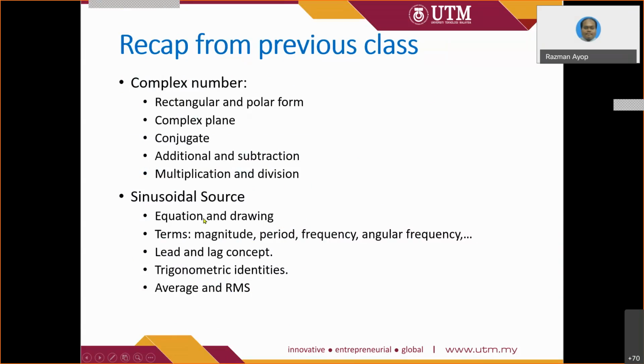You were also introduced to a sinusoidal source, which is an equation, and how to draw it. You also were exposed to magnitude, period, frequency, angular frequency, and certain terms. You also learned about the lead lag concept, trigonometric identity, and lastly average and RMS. So that is from the previous class.